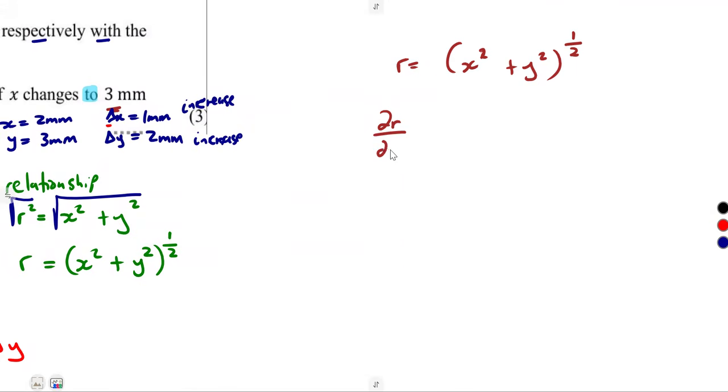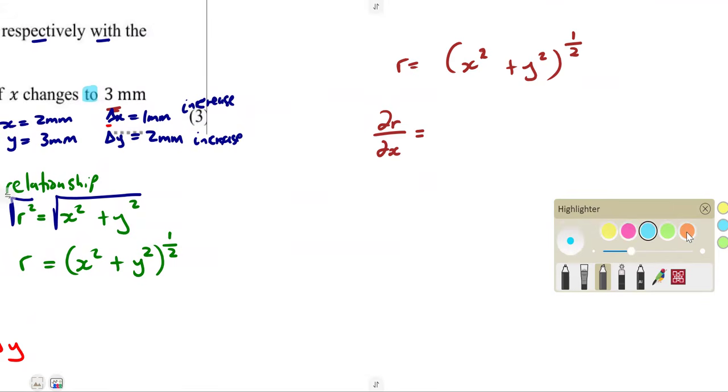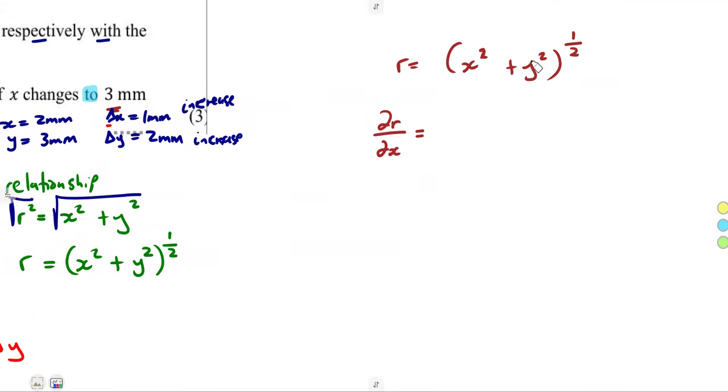The derivative of R with respect to X: remember, when you're dealing with a partial derivative, you treat the other variable as a constant, meaning the y that we are having here is treated as a constant. So the whole part here is a constant, just like 2, just like 3, any number that you can think of. So our focus is to differentiate the part of X.